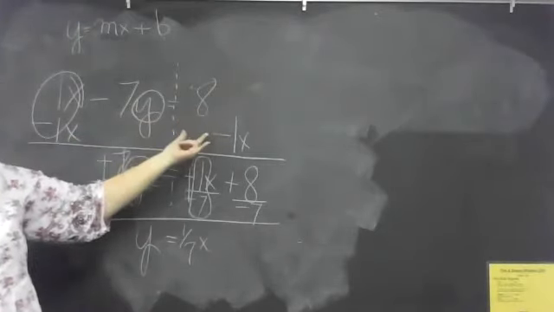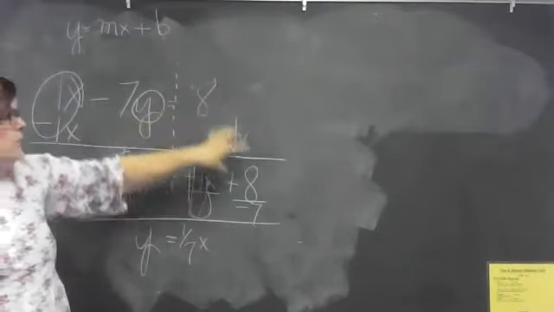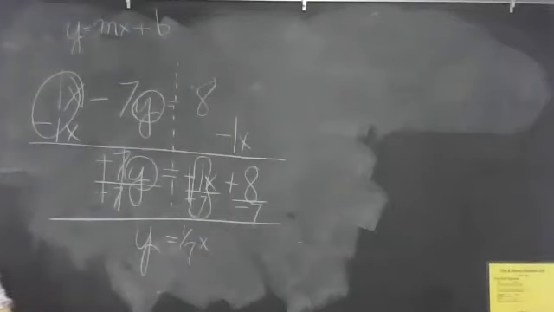I can just switch them. So I want to write the x thing first, and then I want to write that next. That's the only reason I do that. So if you want to do it like we did on the first problem and switch it later, that's okay.